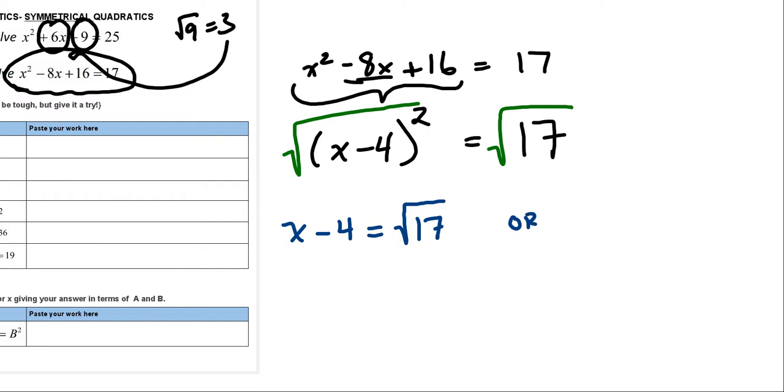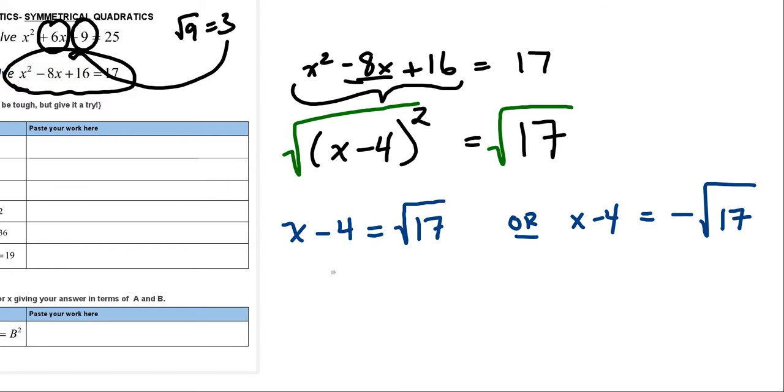Or x - 4 = -√17. Whoa, heavy stuff right there. It's whatever this is as a number, an approximation, and the negative value of it.